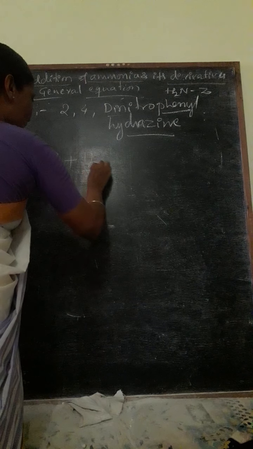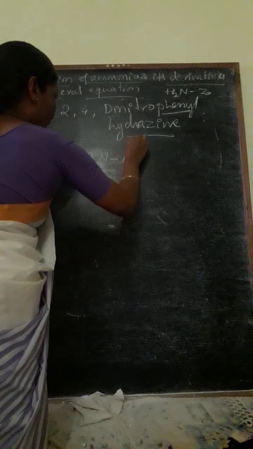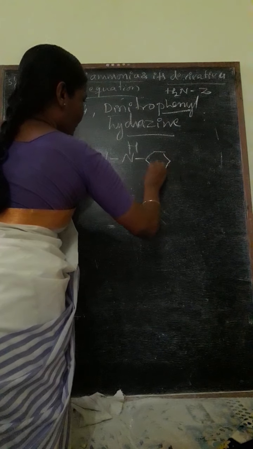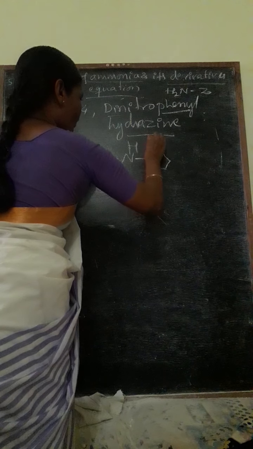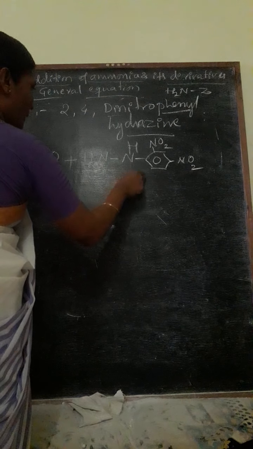Let me represent it: that is H2N, next is NH, next is a benzene ring, and on position 2 a nitro group, on position 4 a nitro group. This complete compound is substituted onto the carbonyl compound.